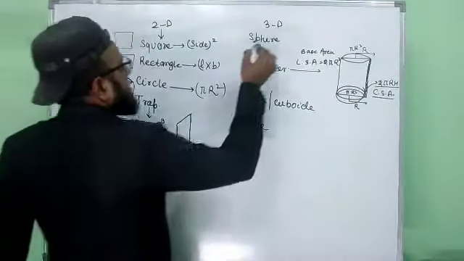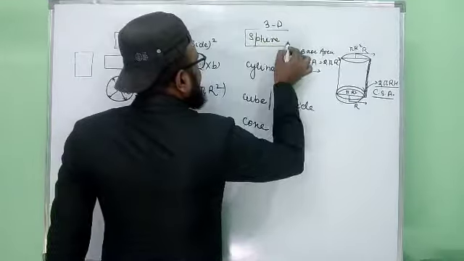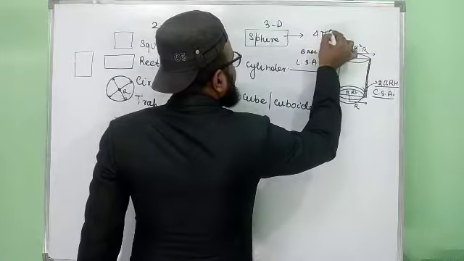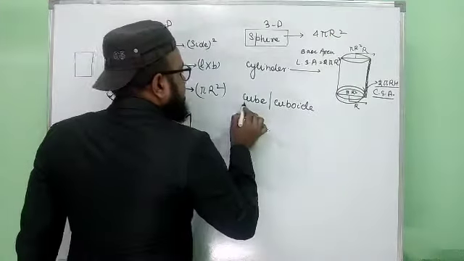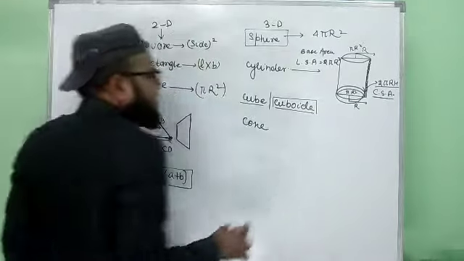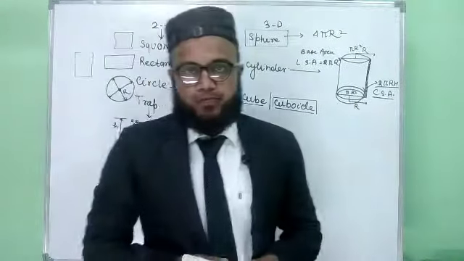Also, for finding the area of a sphere, we use the formula 4 pi r square. But for the cube and the cuboid, we have to read very carefully.